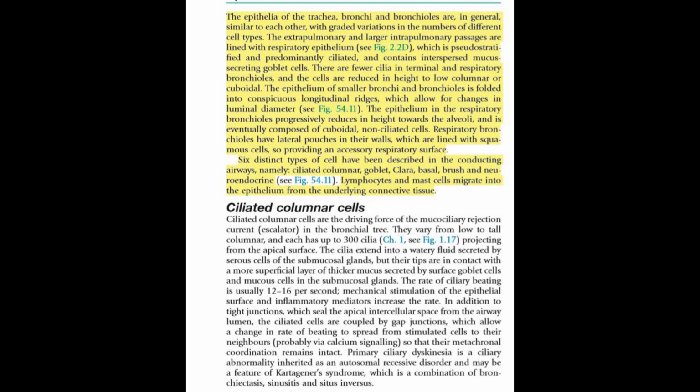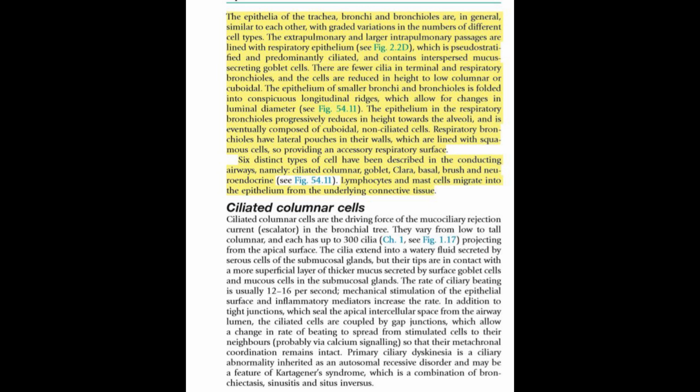The epithelium of the trachea and the bronchi. You can say that the epithelium of the trachea and the bronchi are quite similar to each other. There are only a few variations in the cells that are present as you progress from the trachea towards the alveoli. The stratification of the cells decreases.